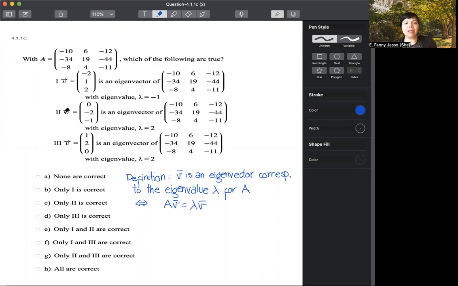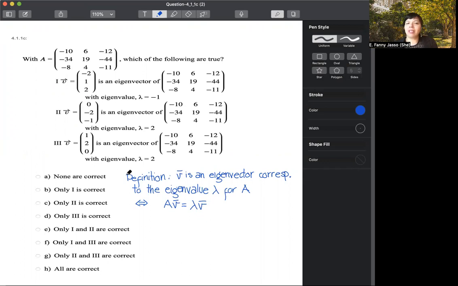If you read each of the statements, they all refer to the same type of question. They give you a vector V and ask you if that is an eigenvector corresponding to a given eigenvalue. So to solve this problem, we use the definition given in module 4.1.